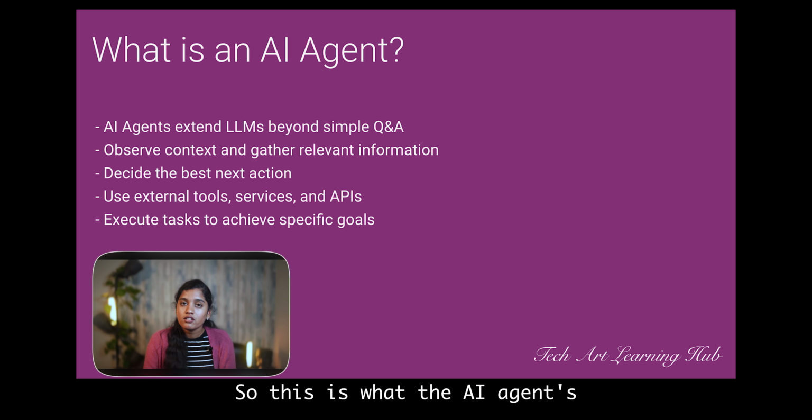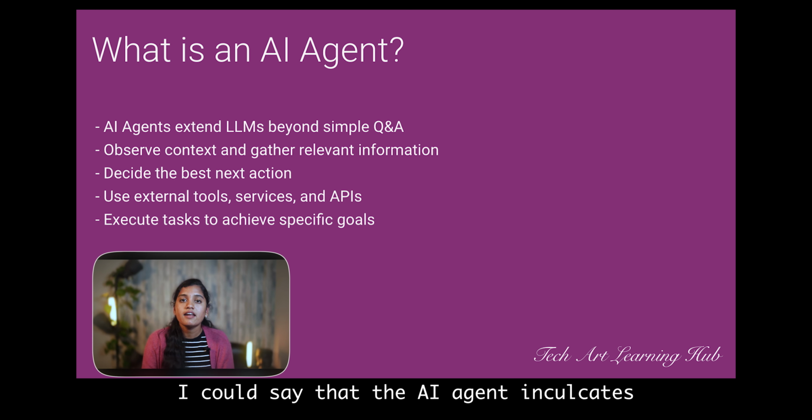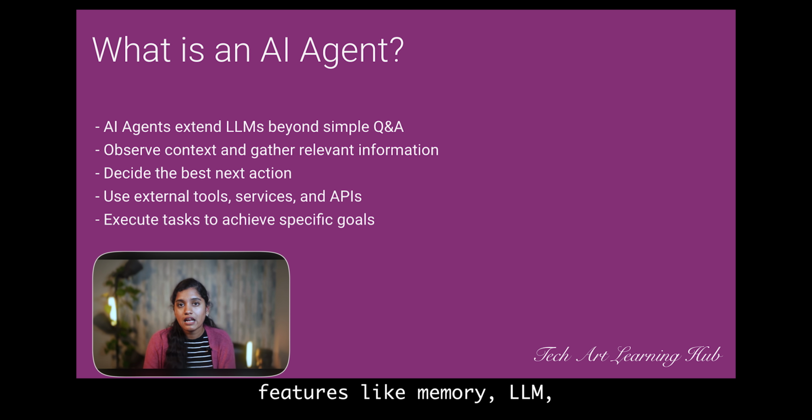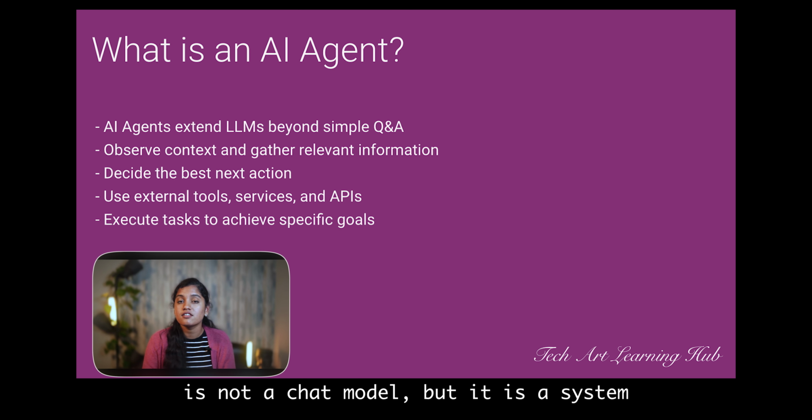So this is the AI agent's background work. In general, I could say that the AI agent includes features like memory, LLM, reasoning loop, and at last the tools. So I can conclude that an AI agent is not a chat model, but a system that can reason and act autonomously.